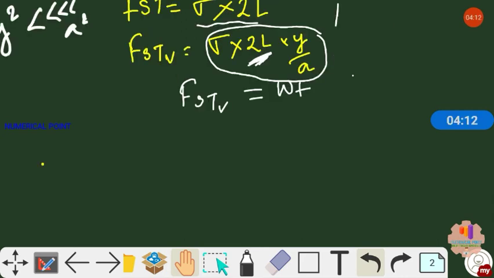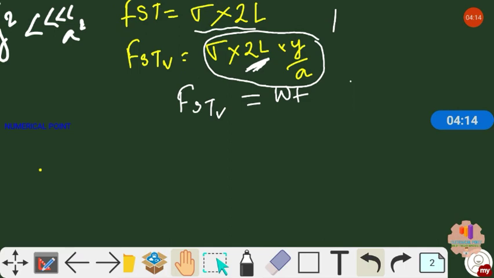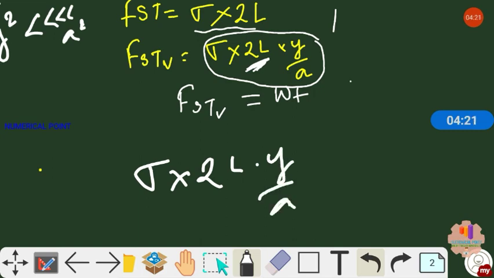Sigma into 2L into y by a will be equal to the weight, that is W into L. Some terms are common, so L cancels with L, and we need to find the value of sigma.